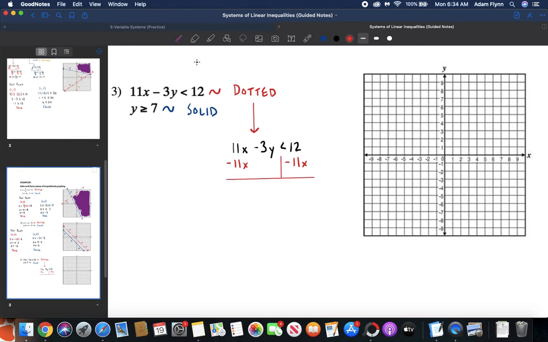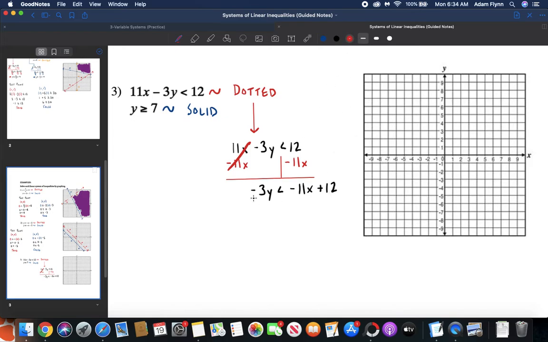When I do that, 11x's are going to cancel on the left side. So I'm left with negative 3y is less than negative 11x plus 12.